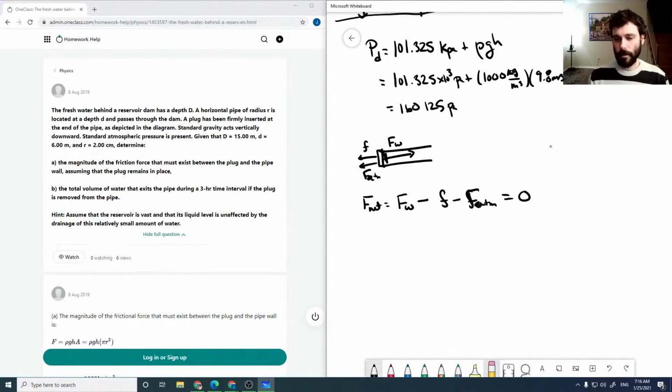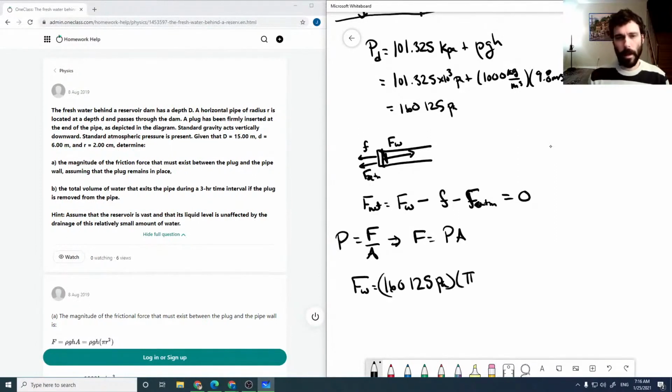Recall that pressure is force over area, so force is pressure times area. So our F water is 160.125 pascals times our area, which is pi r squared. And our atmospheric force is 101.325 pascals times our area, pi r squared.